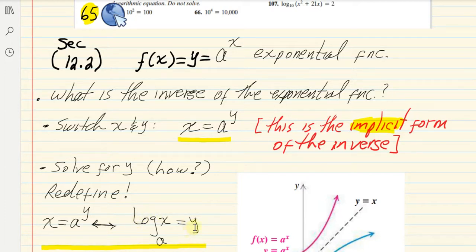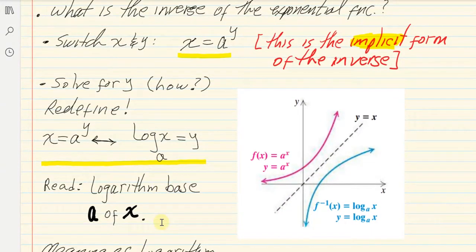We're going to call y the logarithm of x in base a. We read this expression as log, or logarithm, base a of x. So the base of this logarithm is a, and x is the argument. And that's how it's redefined.